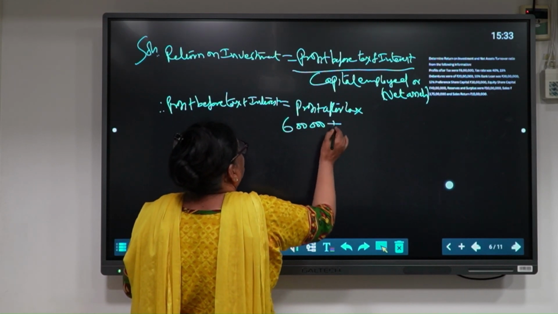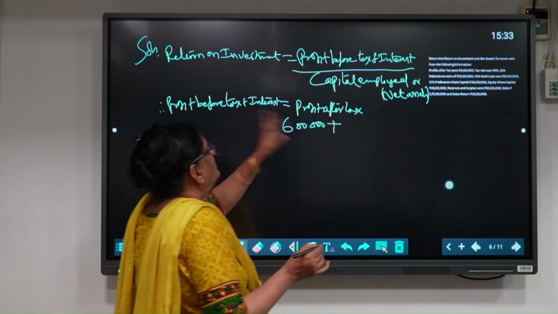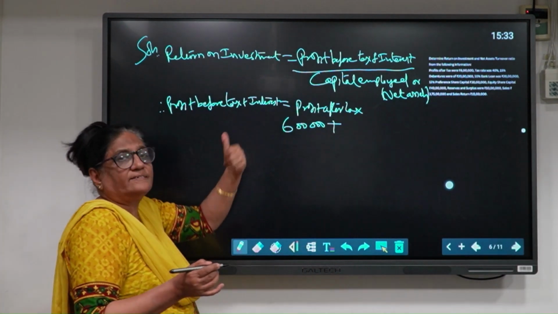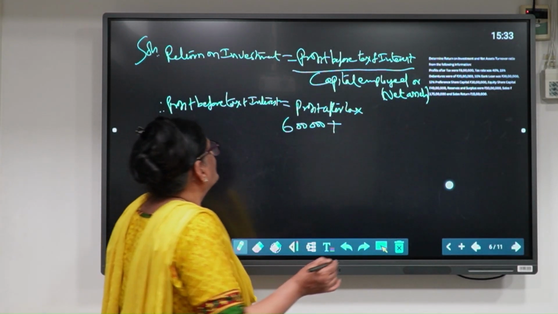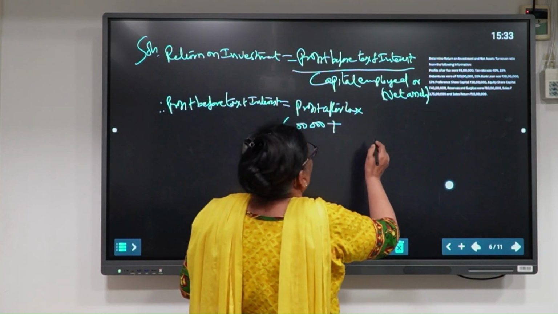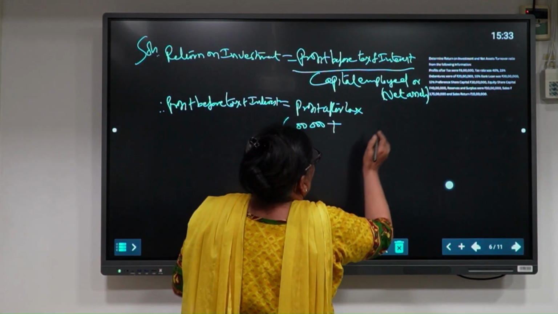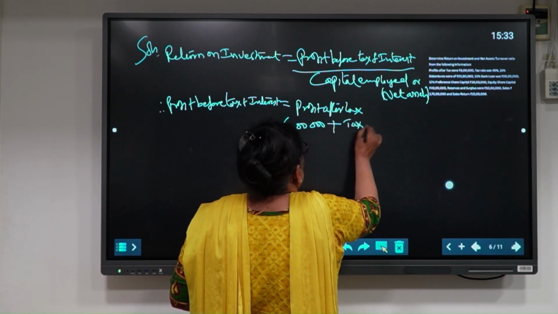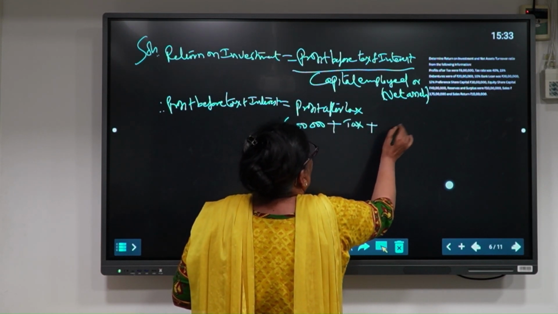So you have to add, because after tax is given, you add and then you get profit before tax and interest. 6 lakhs plus your tax plus your interest.